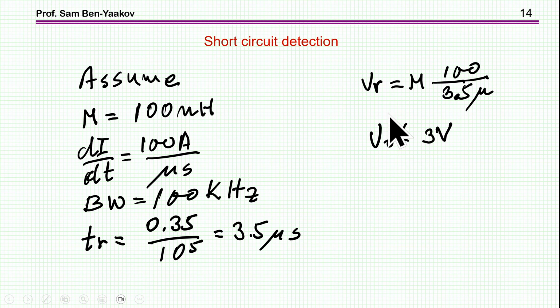Consequently, the output voltage will be the mutual inductance times 100 divided by the rise time, and I'm getting something like 3 volt, which is very nice. So we see that since the Rogowski coil is sensitive to the rate of rise of current, it is compatible with the requirements of a short circuit protection circuit.